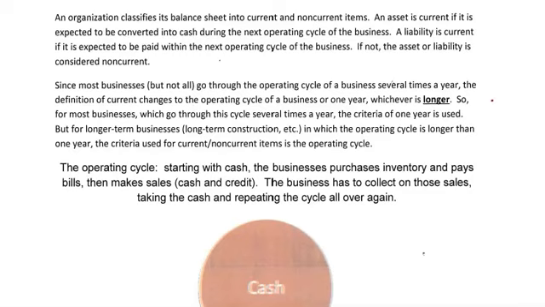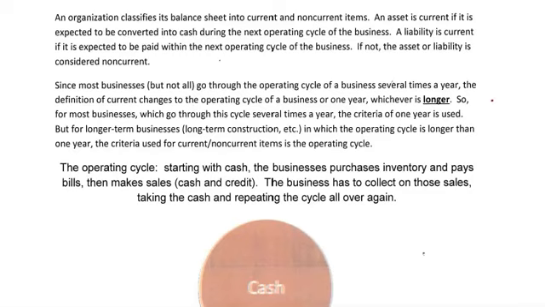Most businesses go through the operating cycle several times a year. Think of a hardware store or a clothing store. If you're a clothing store, you've got fall clothes, winter clothes, spring clothes, and summer clothes. You're selling your inventory several times a year.